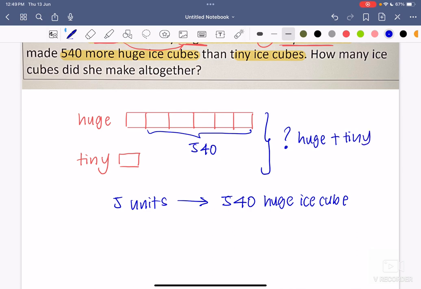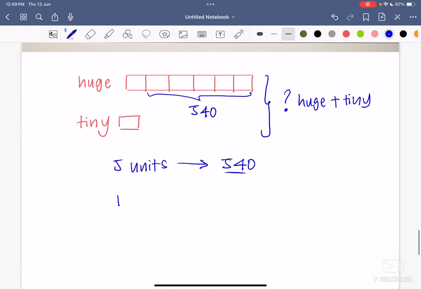So you know that 5 units is 540, so 1 unit is just 540 divided by 5. See? 540 divided by 5 will give you 108 ice cubes.